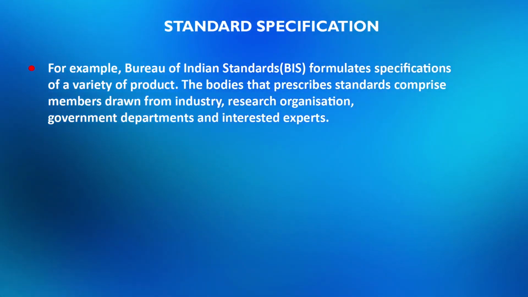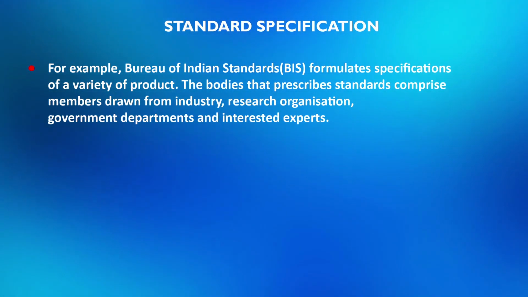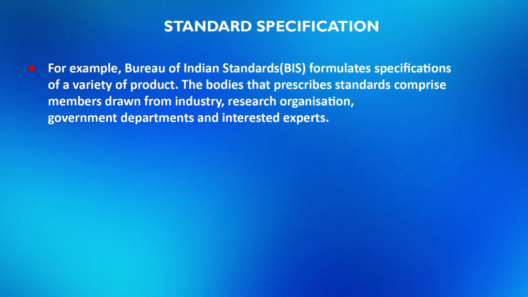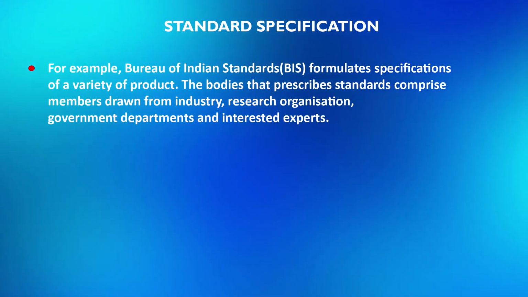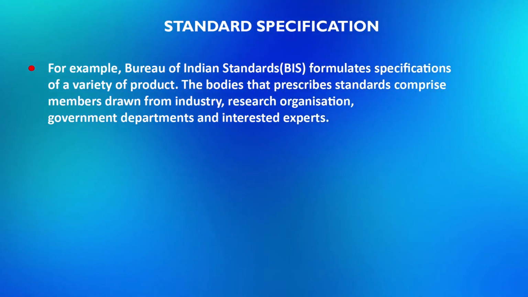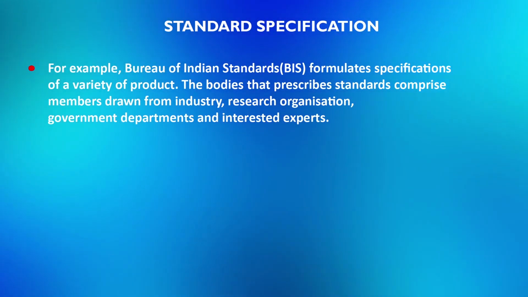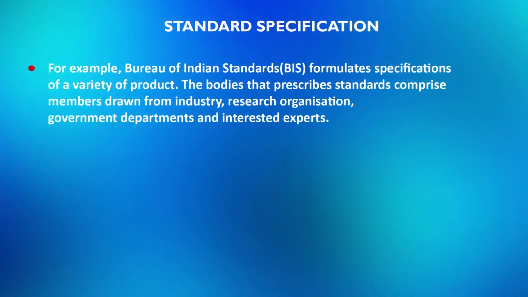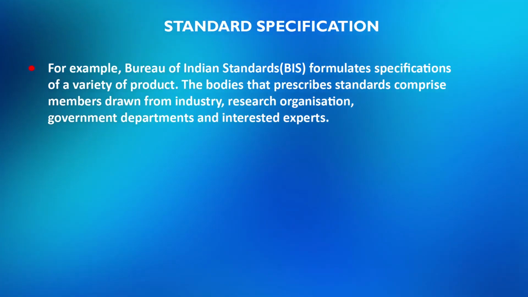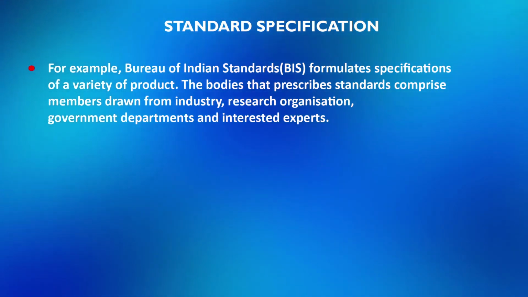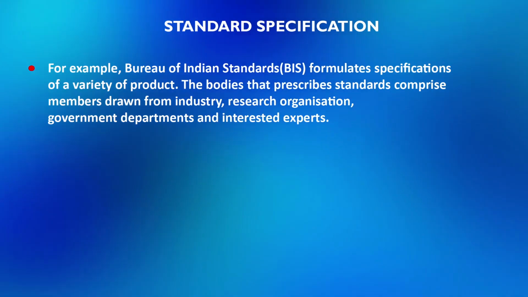Standard specification: for example, the Bureau of Indian Standards, BIS, formulates specifications for a variety of products. The bodies that prescribe standards comprise members drawn from industry, research organizations, government departments and interested experts.